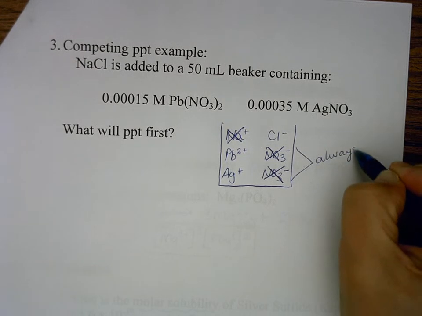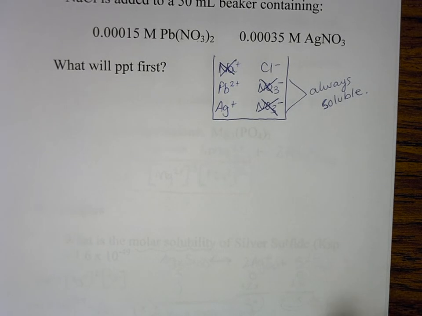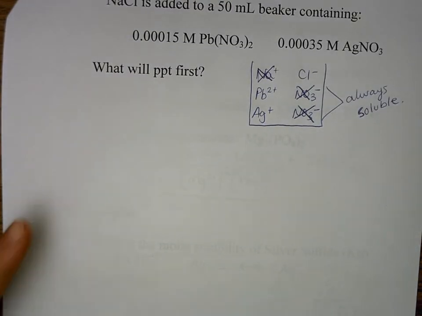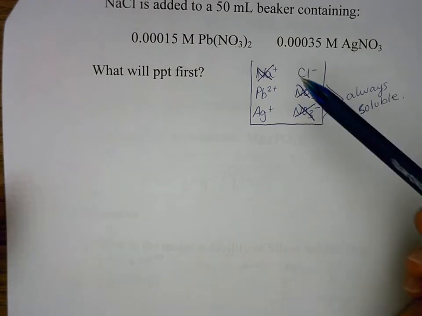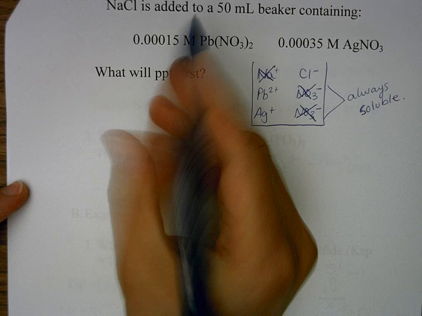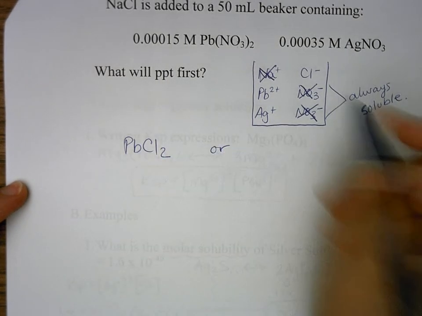Okay, so you're crossing out things in the beaker that are always soluble because they're never going to form a precipitate with anything. And so in this beaker, my only possible precipitates could be lead chloride, PbCl2, or silver chloride, AgCl.